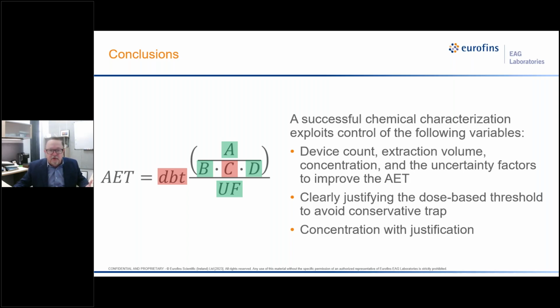The other parameters in green, you do have some flexibility with, not a lot, but you do have some flexibility. The important thing is to plan all of this on the front end, make sure you capture it all in your protocol, and that in the end you're really thinking about the end point. And that should lead to a good study.